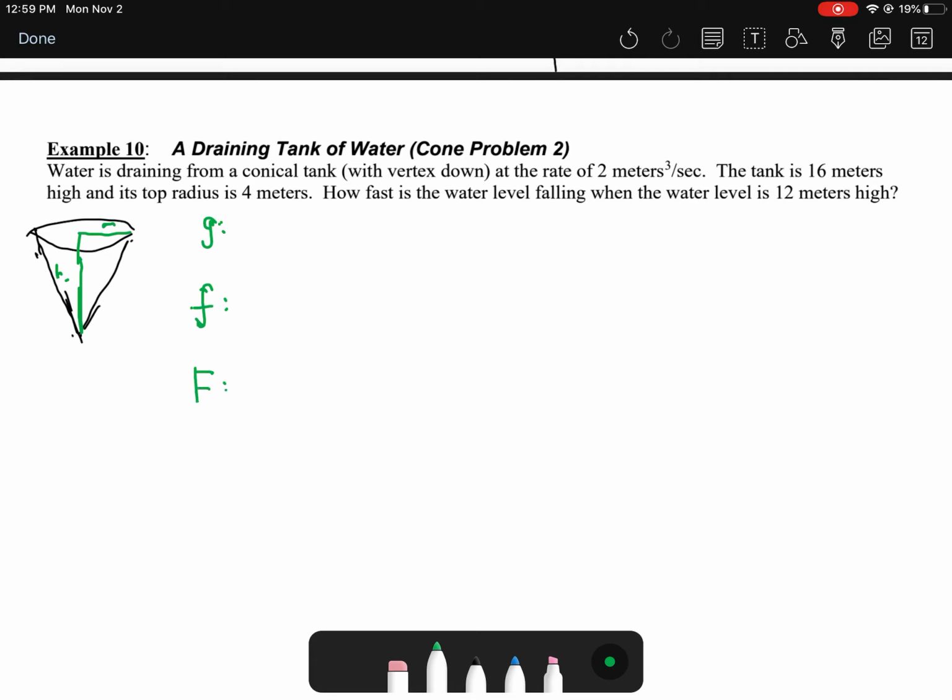And formula. Okay, so we know it's draining at a rate of 2 meters cubed per second. Again, I'm going to look at that keyword, meters cubed per second. That's going to be the volume. So dV/dt, well, it's draining, so that means it's going to be -2. I also know it's 16 meters high, and its radius is 4.